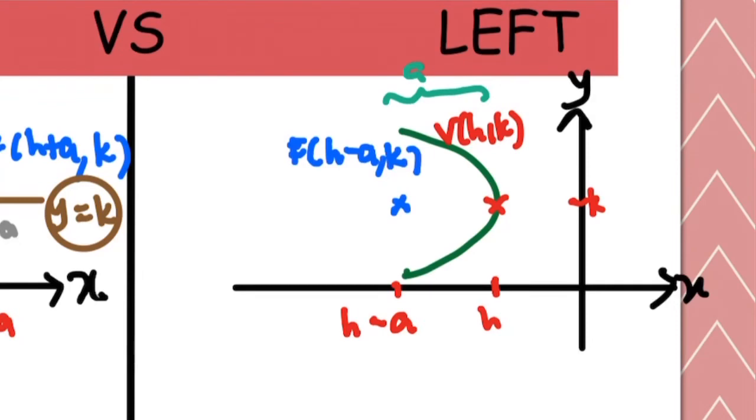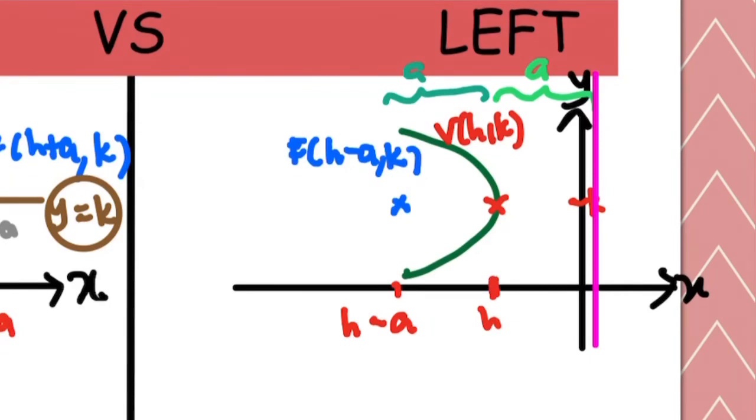Alright, so settle with that. Next is your directrix line. The directrix line is going backward as much as a. So let us draw our directrix line right now. It is just a straight line going backward from your vertex right here. So what happened to your vertex?